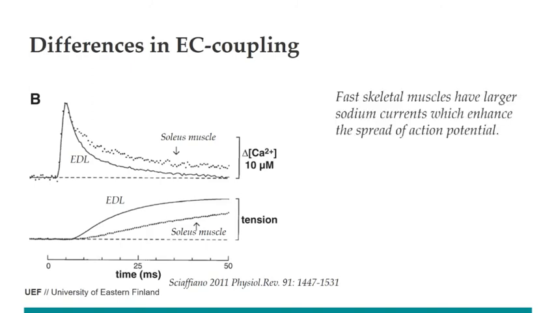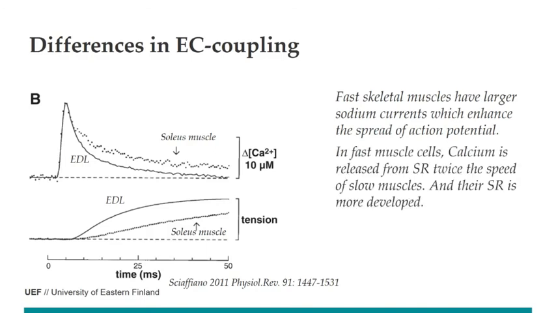Well, there are differences also between the slow cells and fast cells in the ion channels, especially in the sodium current. If you have a large sodium current in the cell, that makes it so that you first have a local action potential. It will be spread all over the muscle cell quite fast with the sodium currents that are activated.